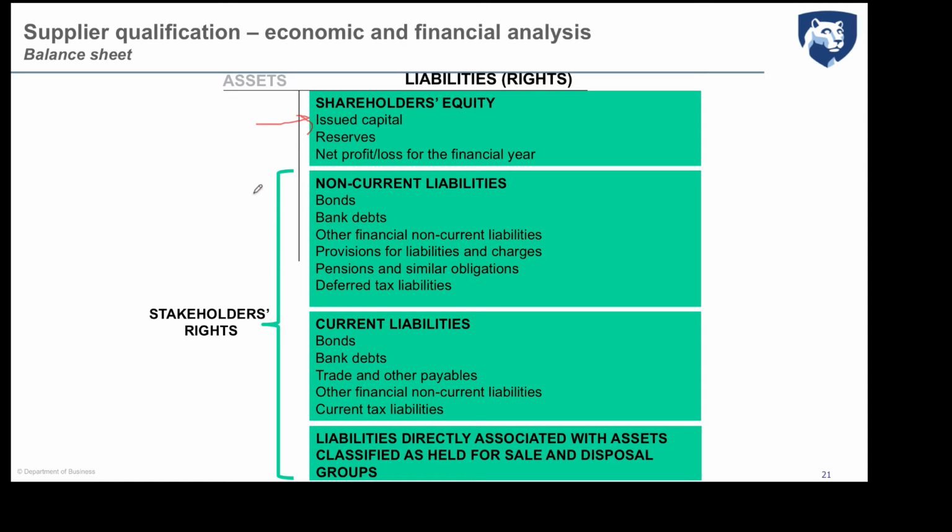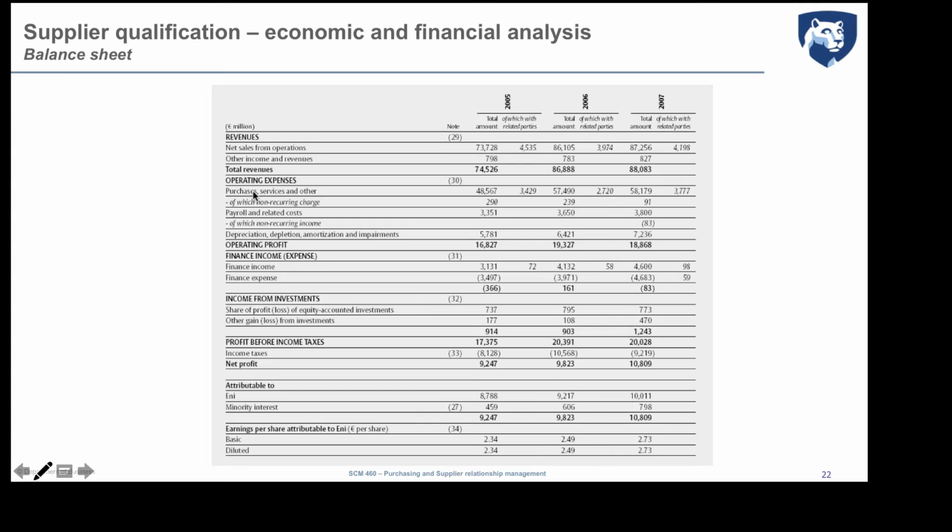So these are the two sections of the balance sheet. They should be consolidated, but you should already have seen this in many courses, also at the beginning of this one.